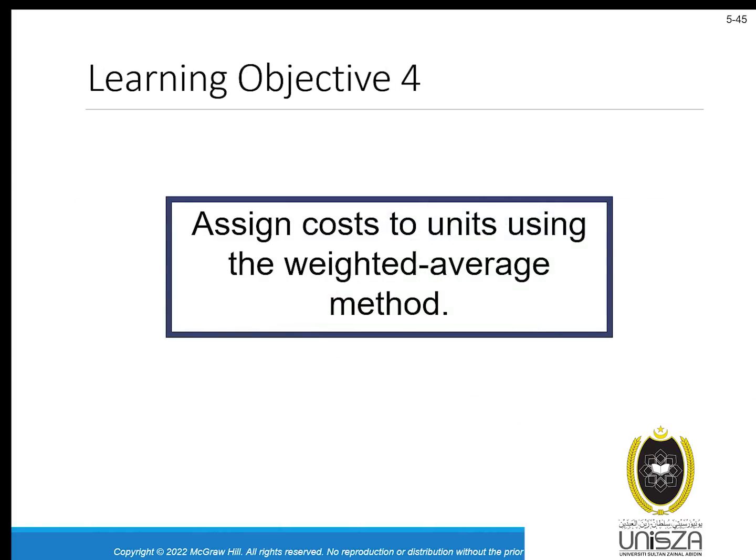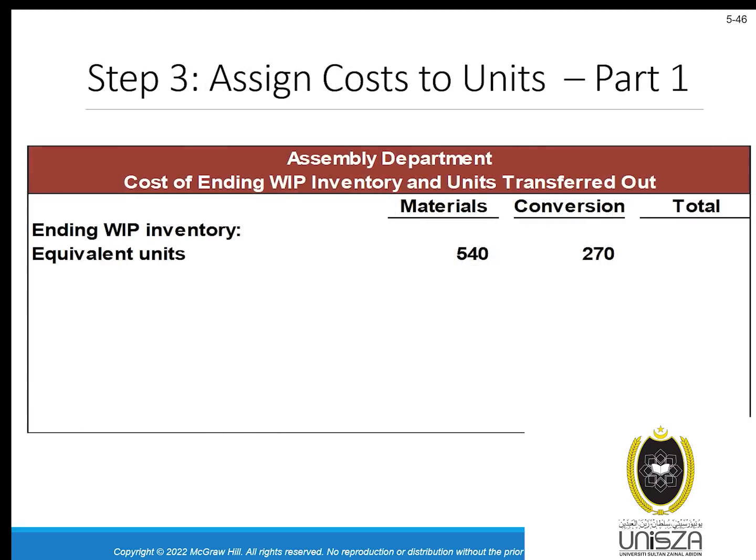Assign cost to units using the weighted average method. The ending WIP inventory equivalent units of material is 540, and for conversion 270. This is the cost that we calculated previously, 21 and 15.